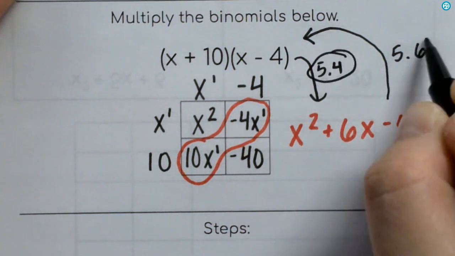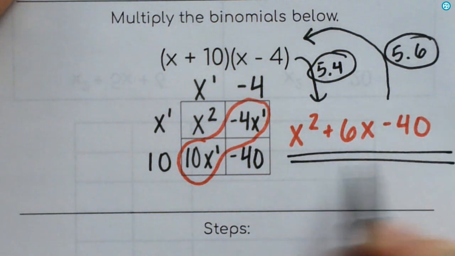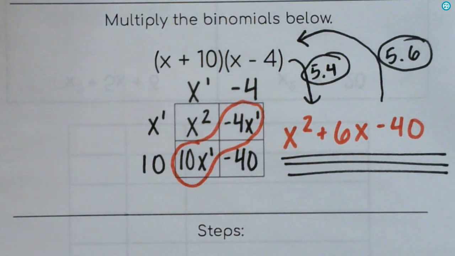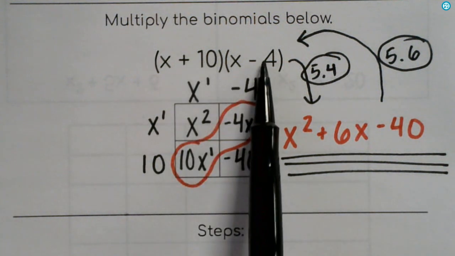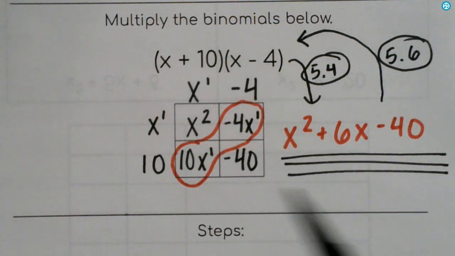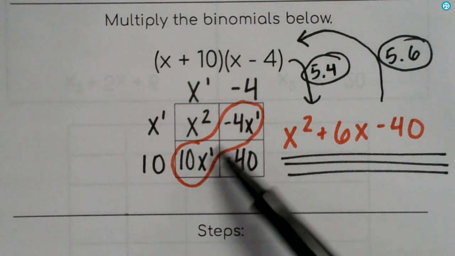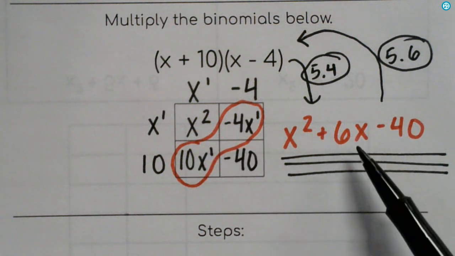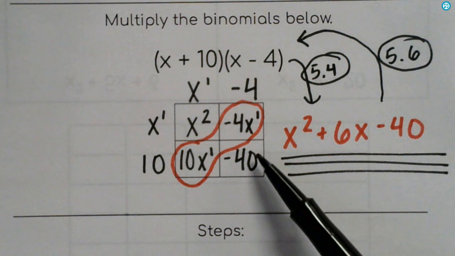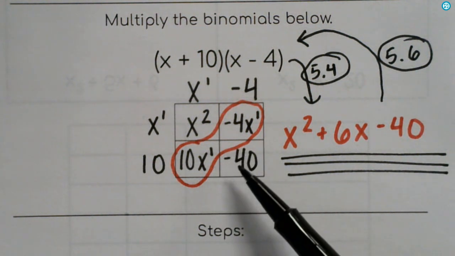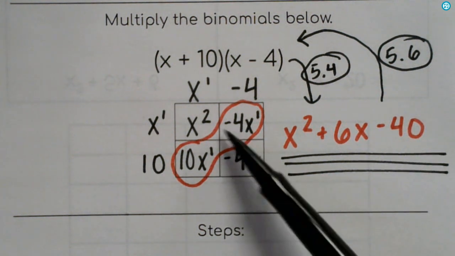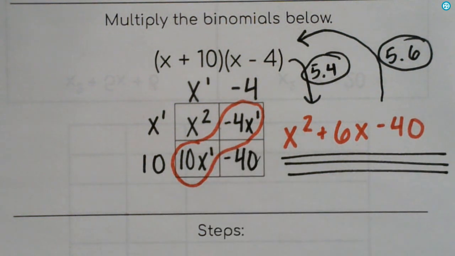So we're going to give you a problem that looks like this: x squared plus 6x minus 40. You have to figure out that 10 and negative 4 are the two numbers that added together to be 6, and then 10 and negative 4 are the two numbers that multiply together to be negative 40. So those problems you just solved at the board, when we say what multiplies to this and adds to this, that's what we're doing.